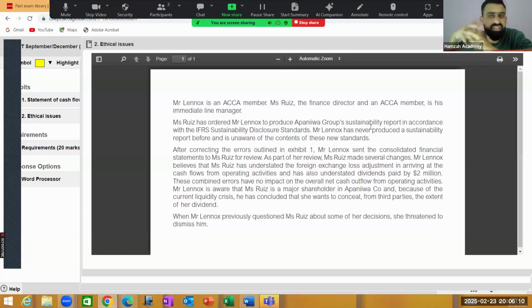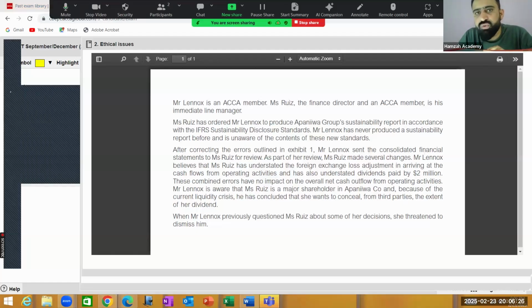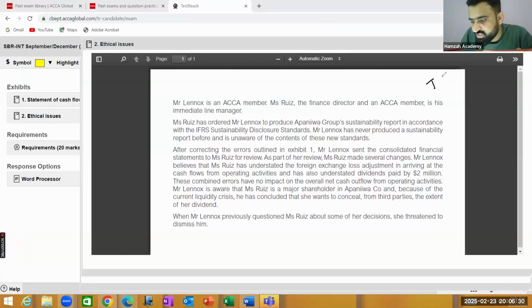Now, it is just a possibility which we are going to discuss. To produce a report on sustainability, Mr. Linonix obviously should have knowledge of the standards relating to sustainability. The first standard we have relating to sustainability is IFRS S1.